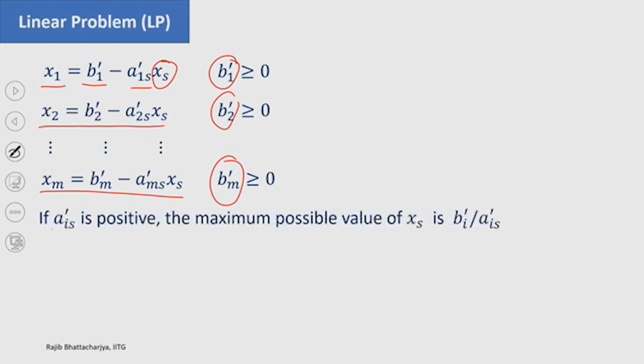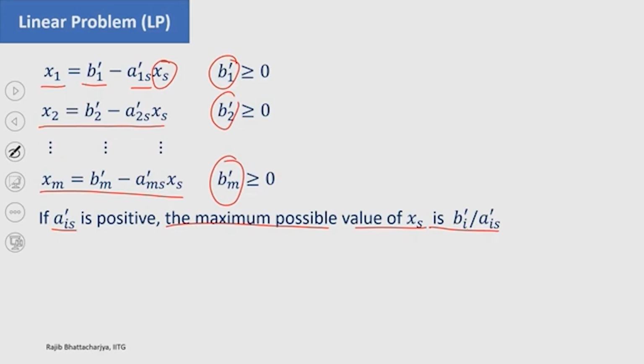Now, if ais dash is positive, the maximum possible value of xs is bi dash by ais dash. So, what is the maximum possible value of xs?